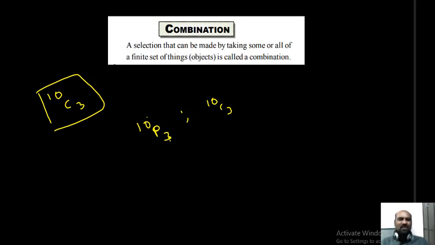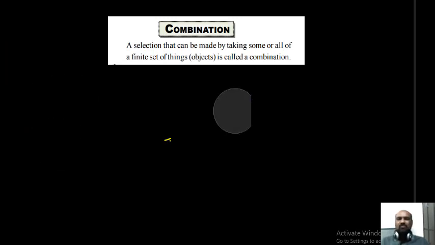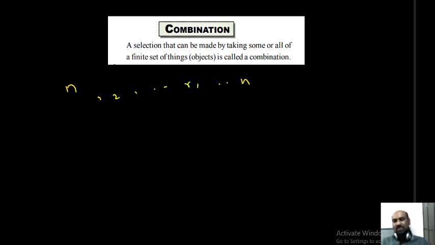So the meaning of combination is a selection that can be made by taking some or all of a finite set of things. For example, n distinct objects are given. From n distinct objects we can choose one object, or you can choose 2, 3, and so on, n also you can choose.